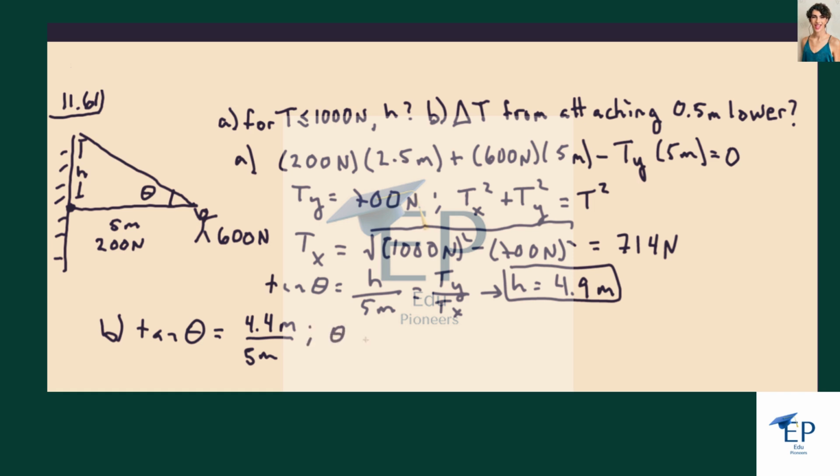The angle is 41.35 degrees. And so we have that the total tension is the y component divided by the sine of theta, because the y component is the total tension times the sine of theta.